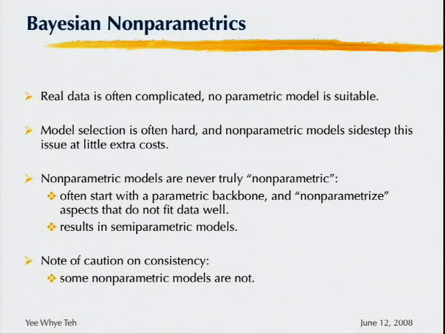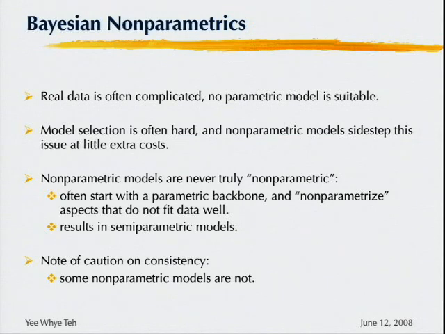I have to say two caveats. Firstly, non-parametric models are never really truly non-parametric. Often what people do is they start off with some parametric model and fit it to their data, and then they find that perhaps it doesn't fit the data very well. So then you can make it richer by non-parametrizing certain aspects of your parametric model that do not fit the data well.